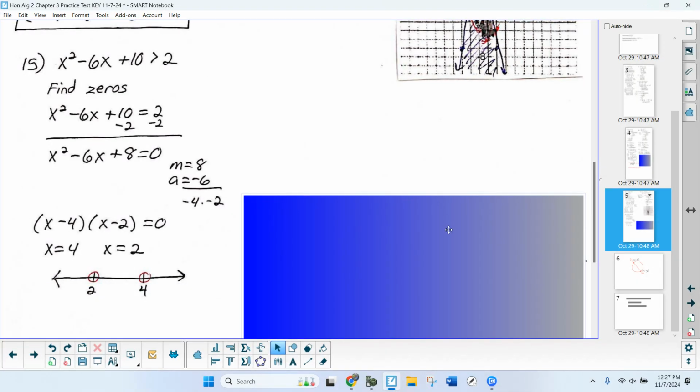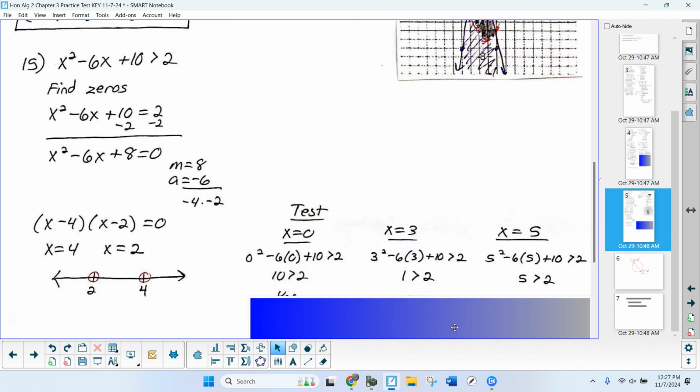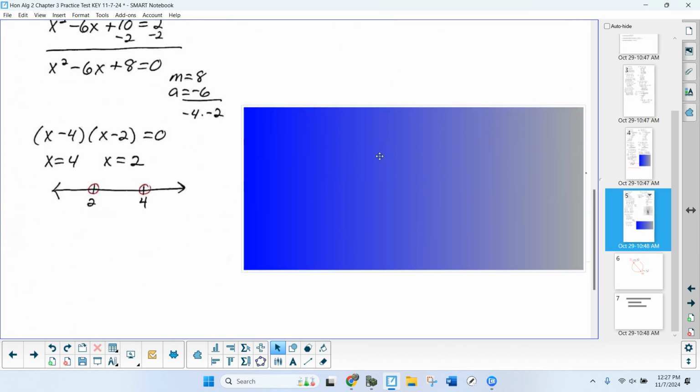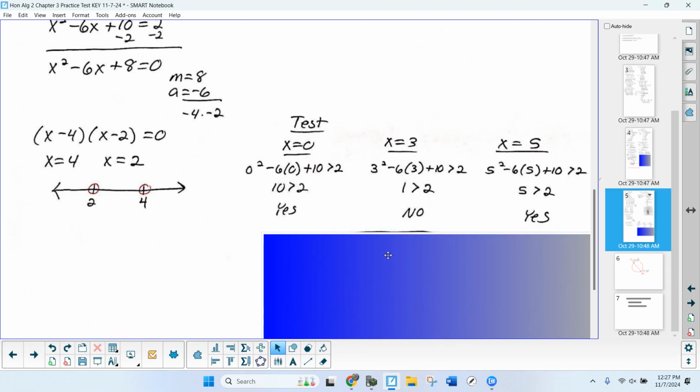Okay, then what numbers did you test? 0, 3, and 5. And then I got yes, no, yes for them. Yes, no, yes. Now, you did a great job of getting yes, no, yes, and you did a great job of showing me on your graph yes, no, yes. But now be careful with your inequality. It should be x is what?